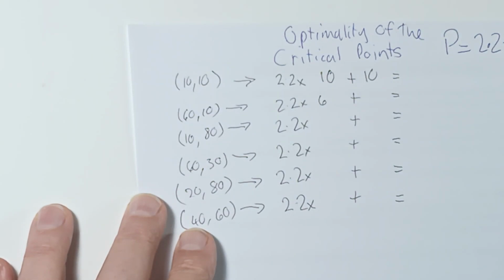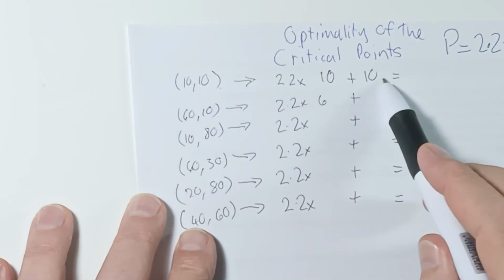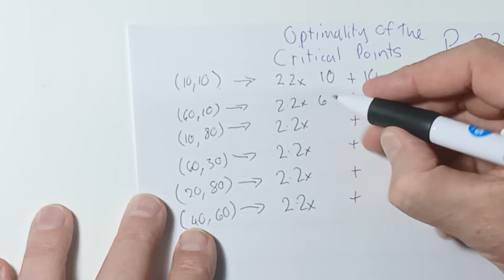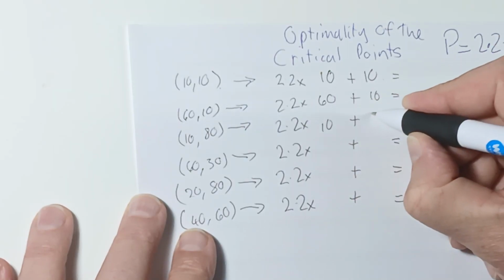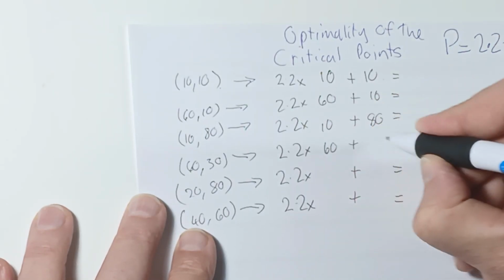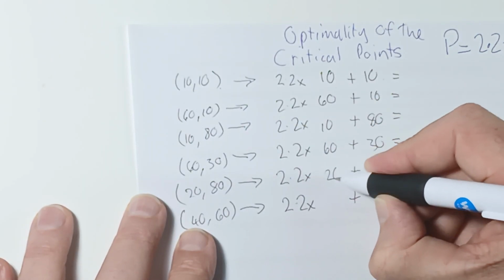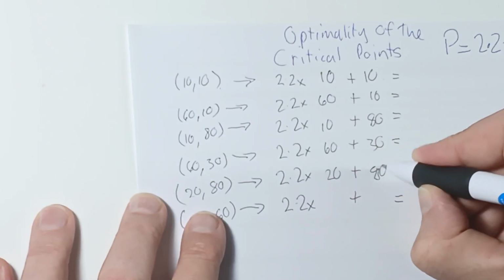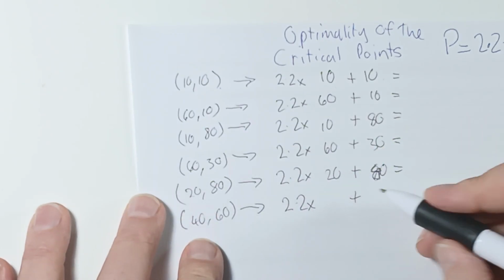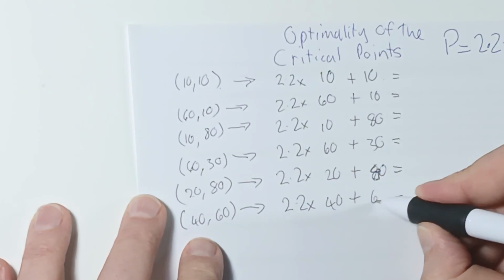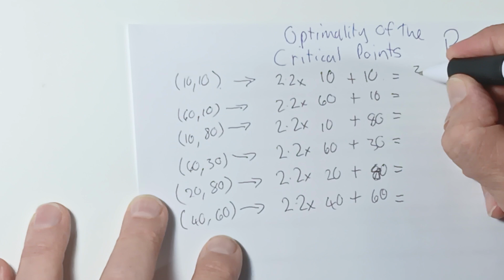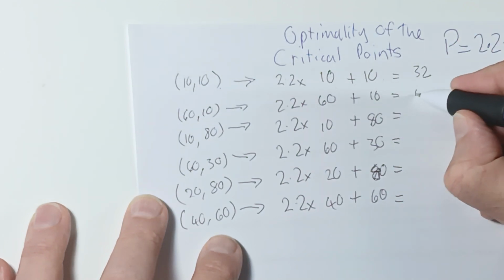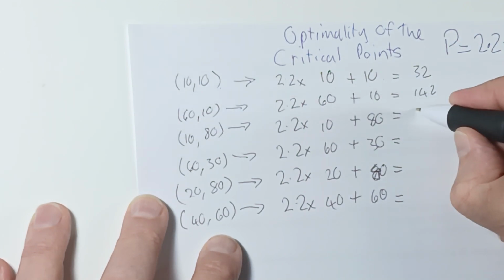So I've gone 10, 10, 60, 10, 80, 60, 30, 20, 80, 40, 60. And I've worked these numbers out already, so they're just calculated.